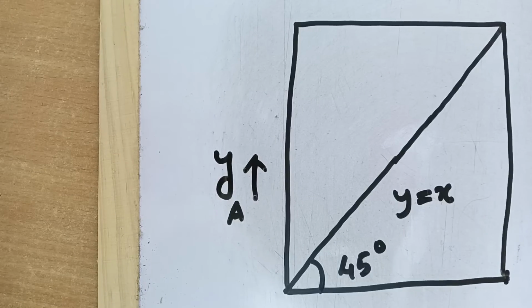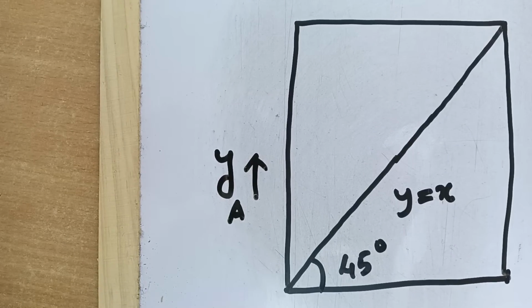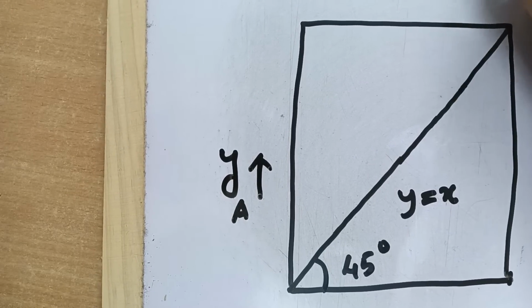After that, one is supposed to draw the equilibrium line.